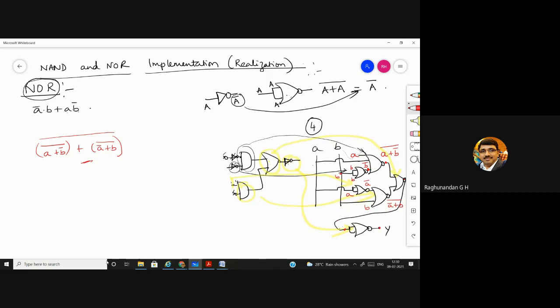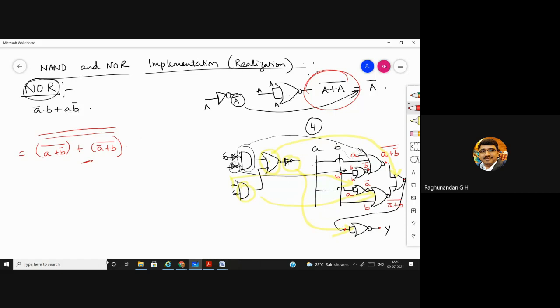So to get the output at this point, what you should do? Same logic. What you'll do here? You will get one more complement, right?